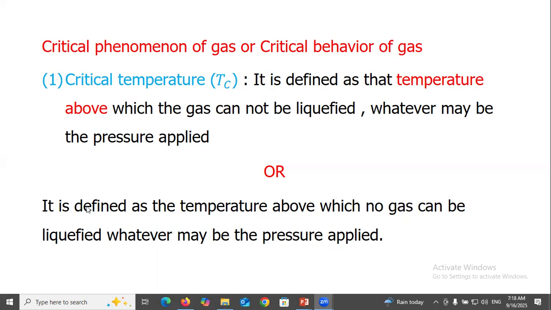Or it is defined as the temperature above which no gas can be liquefied, whatever may be the pressure applied.